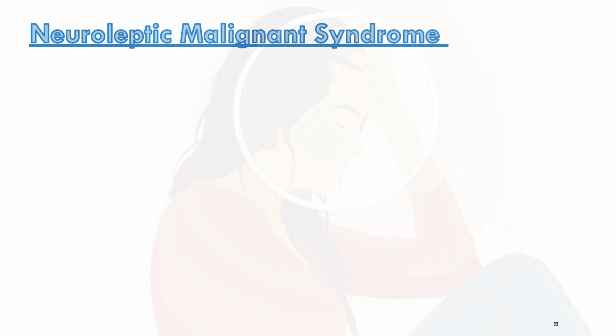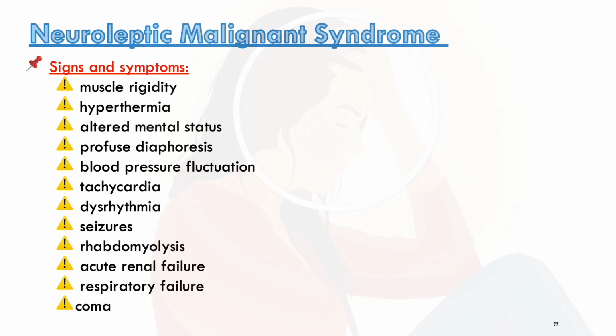Neuroleptic malignant syndrome is a rare but potentially fatal condition associated with antipsychotic drugs. Predisposing factors include excess agitation, exhaustion, and dehydration. Symptoms involve muscle rigidity, hyperthermia, altered mental status, profuse diaphoresis, blood pressure fluctuations, tachycardia, dysrhythmias, seizure, rhabdomyolysis, acute renal failure, respiratory failure, and coma.